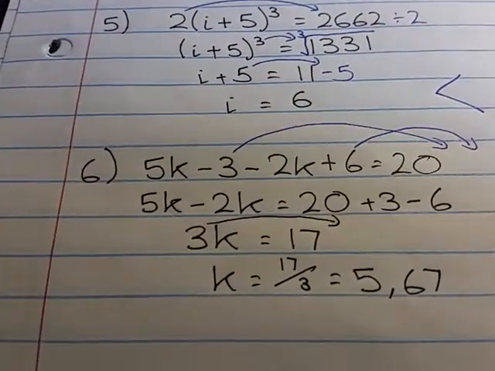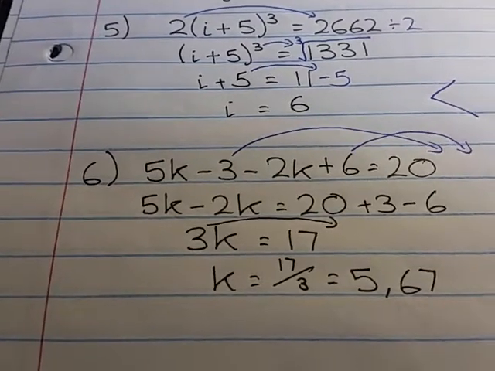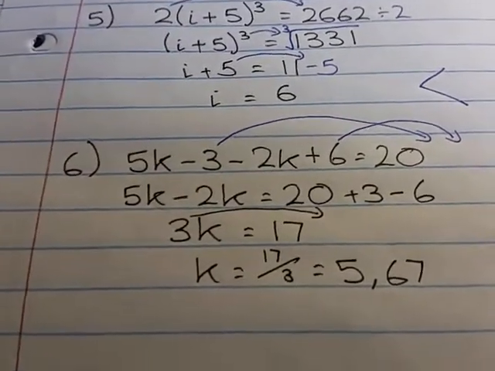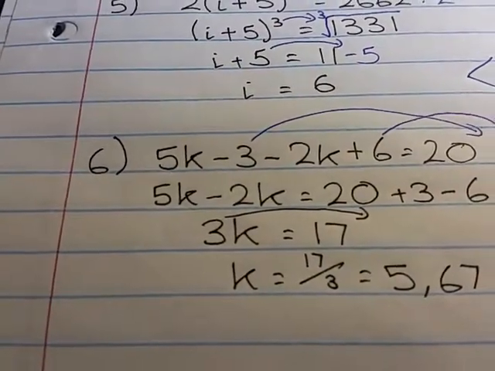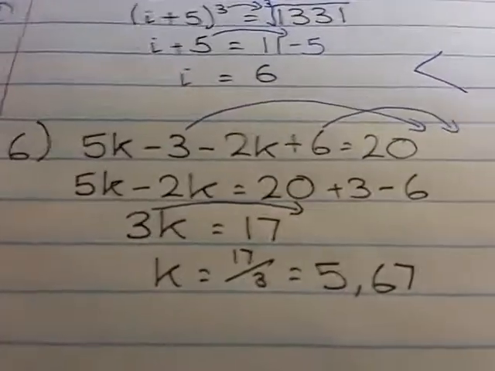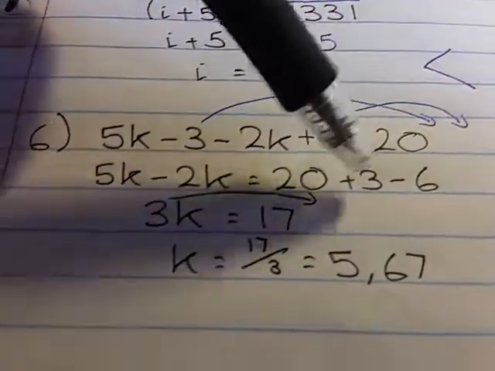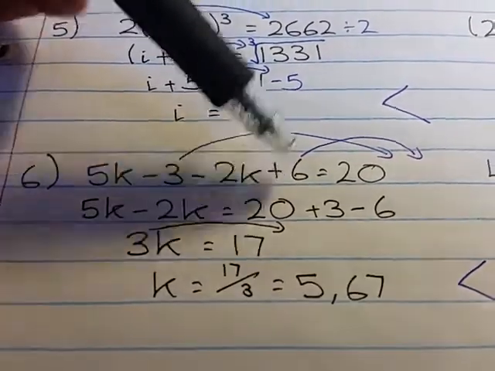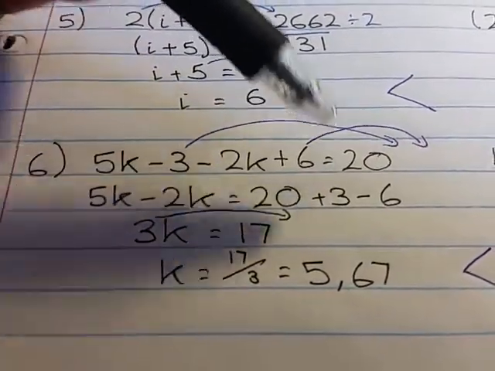5k minus 3 minus 2k plus 6 all equals 20. Keep the k's on the left-hand side, move the numbers to the right. The negative 3 becomes a positive 3 because it crossed the equal sign. And the positive 6 becomes a negative 6 because it also crossed the equal sign.